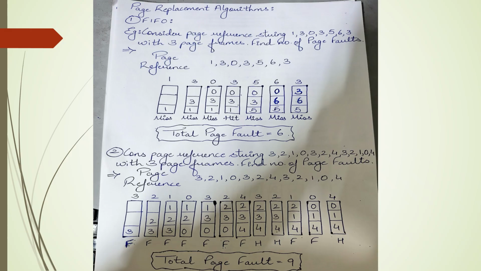Finally, page 3 in the reference string is no longer in main memory because it was removed, so FIFO replaces the oldest remaining page. The oldest remaining page is 0, replaced with 3. This is a page fault. So in this example, we have 6 page faults and 1 page hit.